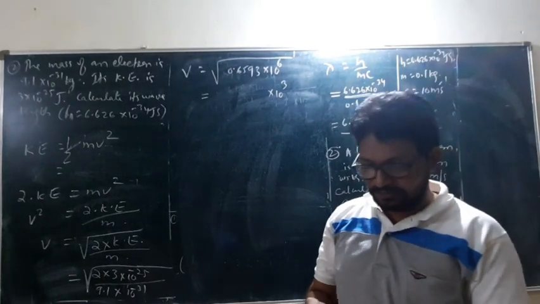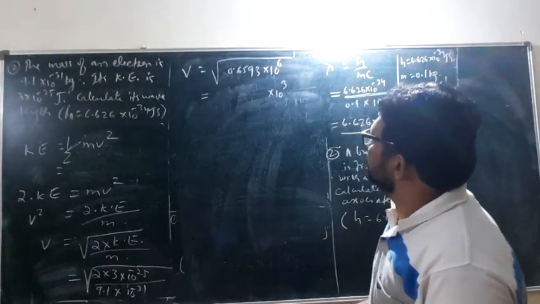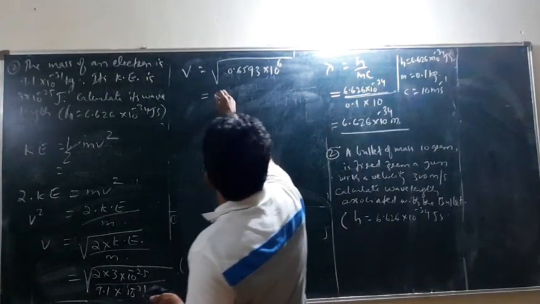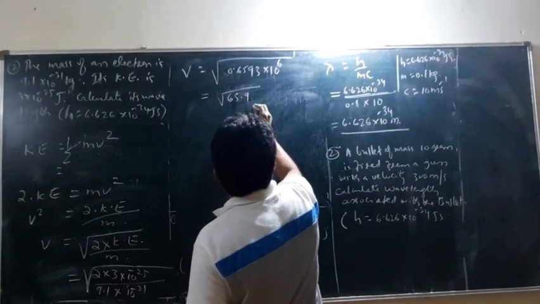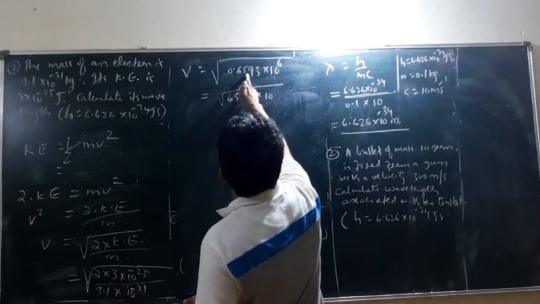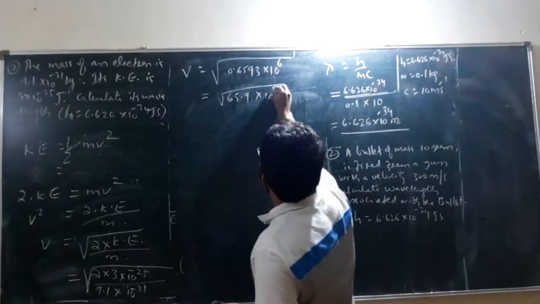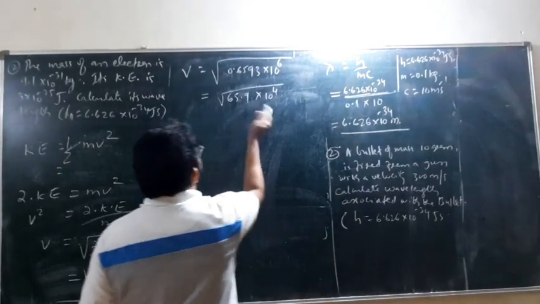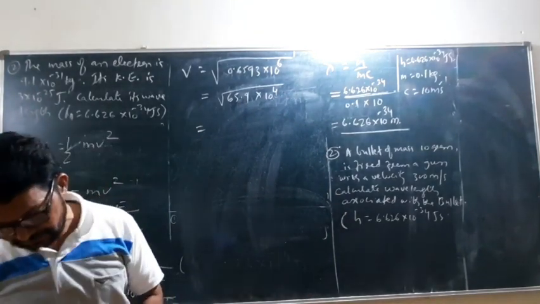Now take the square root: 65.9 into 10 to the power 4.